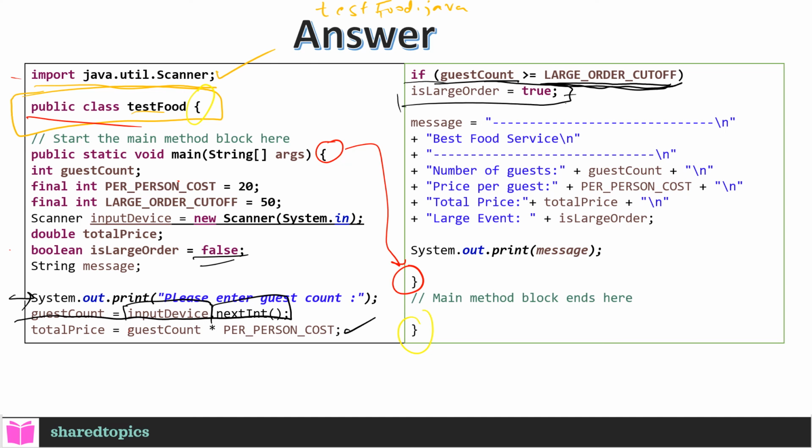Once everything is done, we have one more variable of string data type, and we are trying to store many things into it. Here we are using new line. Focus on that, because new line will start showing the output on a new line.